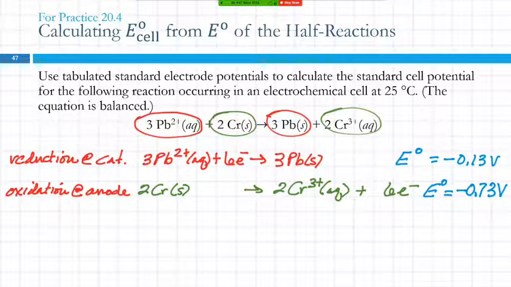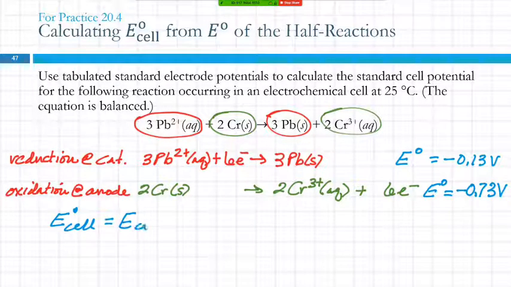So those are the values from the table, right? And so if I want the standard cell potential, I'm going to take the cathode minus the anode. So this is my cathode.